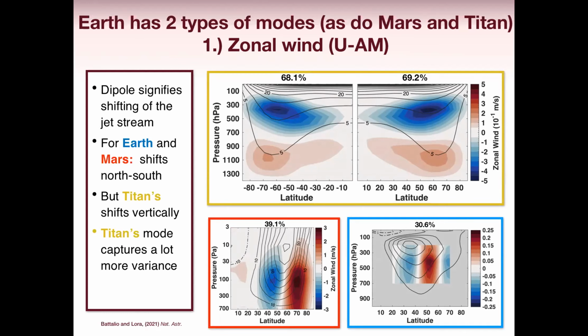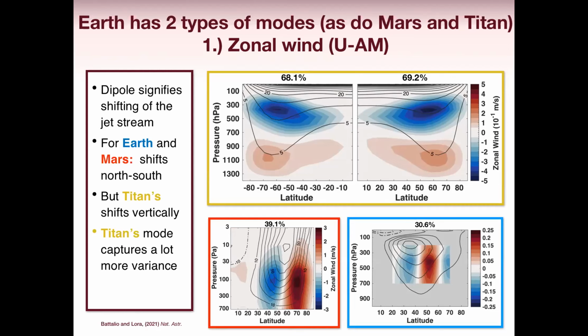And what you're looking at here, so this shading shows you what the most important source of variability in the fields that are contoured are. So this first mode, Earth has two of them, is in the zonal mean zonal wind, which is contoured.